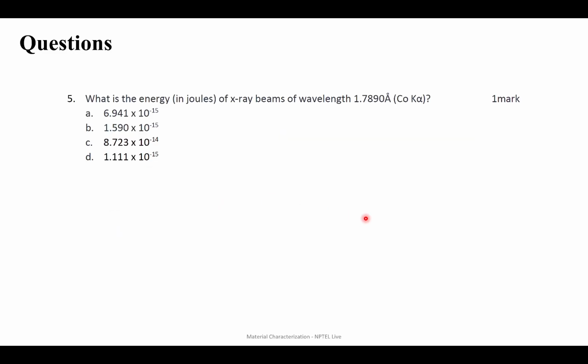What is the energy in joules of X-ray beams of wavelength 1.789 angstrom, which is your cobalt K alpha? Options: 6.941 into 10 power minus 15, 1.59 into 10 power minus 15, 8.723 into 10 power minus 14, 1.111 into 10 power minus 15.